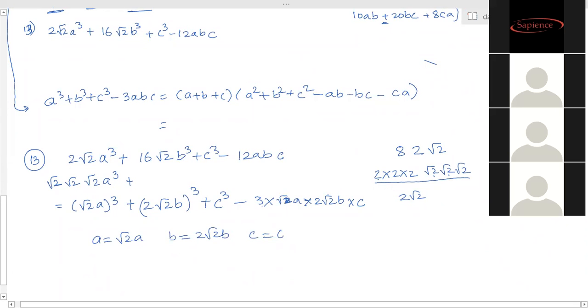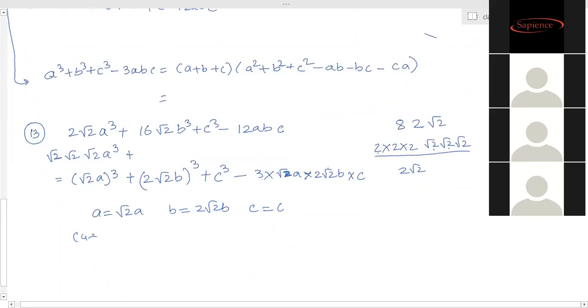Then write down the identity: a plus b plus c into a square plus b square plus c square minus ab minus bc minus ca. So a is root 2a plus 2 root 2b plus c into a square.